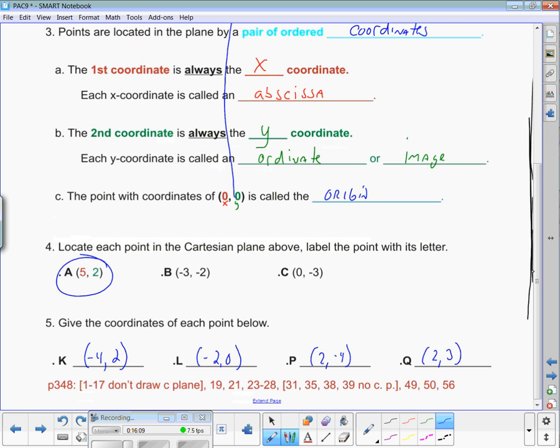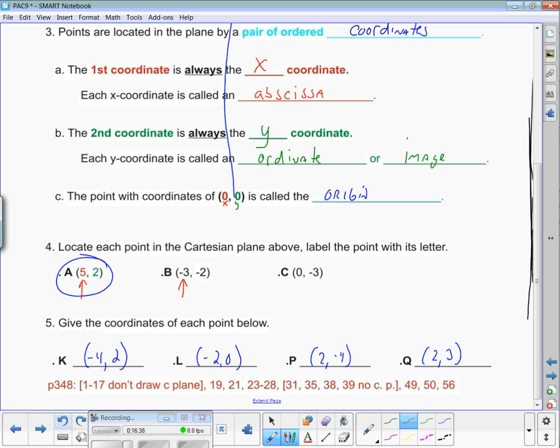All right, so watch. I want to go through and talk about abscissas and ordinates again. Let's look at number 4. Let's look at these 3 points right here, okay? So 5 is an abscissa, -3 is an abscissa, 0 is an abscissa. If you look for number 5, -4 is an abscissa, -2 is an abscissa, 2 is an abscissa in both of those instances.